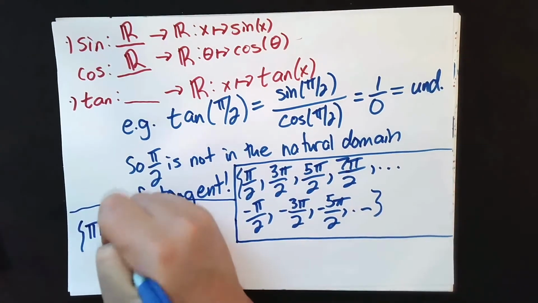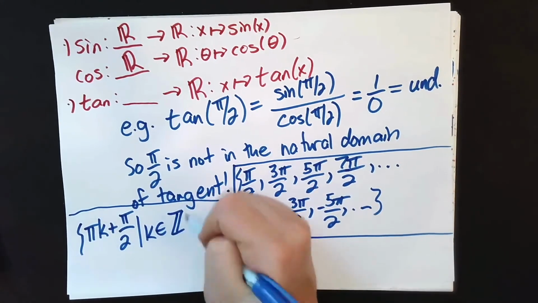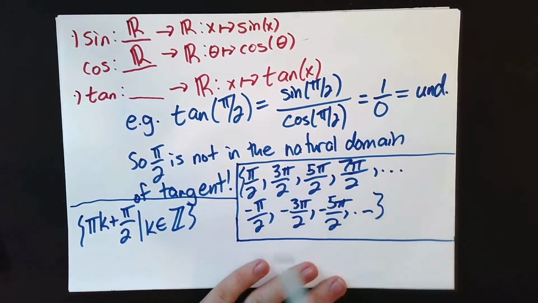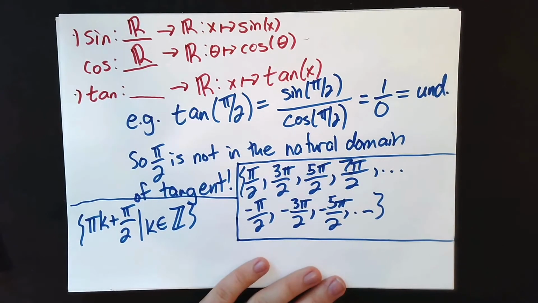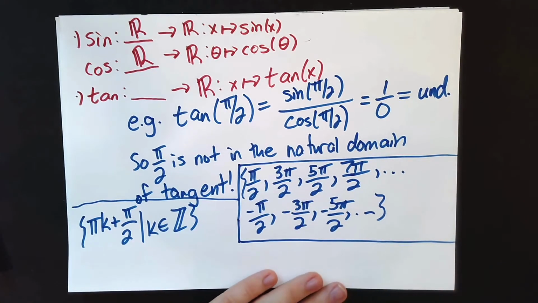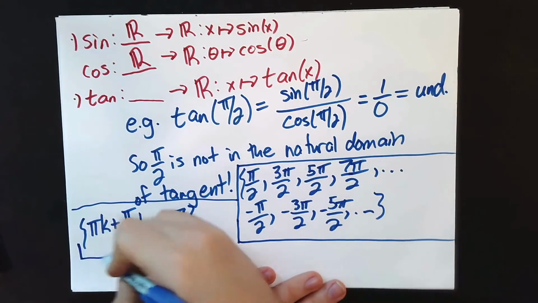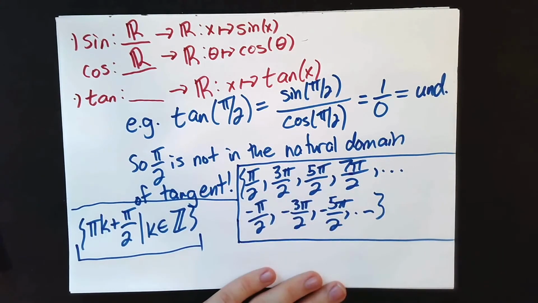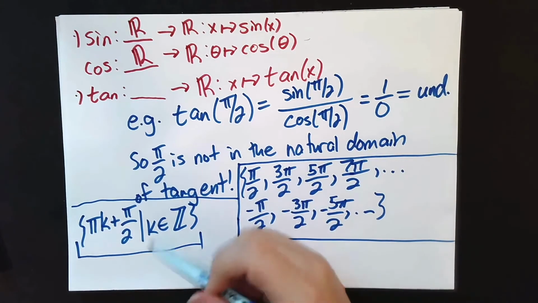But here's a natural way to do it. Namely, what this set really is pi over 2 plus any integer multiple of pi. And so in our set builder notation, this is one way to describe that. Now note, this is not the thing that is the natural domain of tangent. This is actually the opposite.